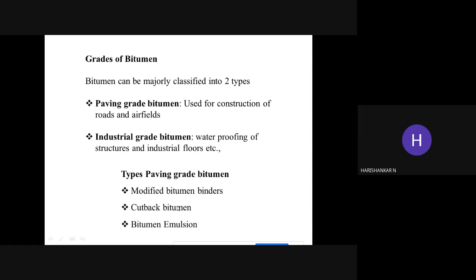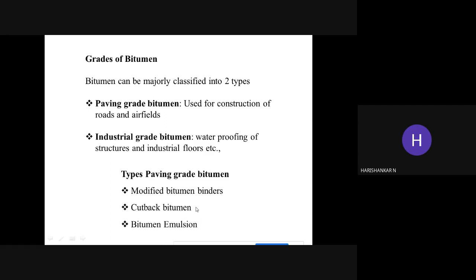Cutback bitumen means, in order to reduce the viscosity and make the bitumen more liquid, you add some chemicals, and once you add the chemical you need not heat that much. So that will provide some economy.